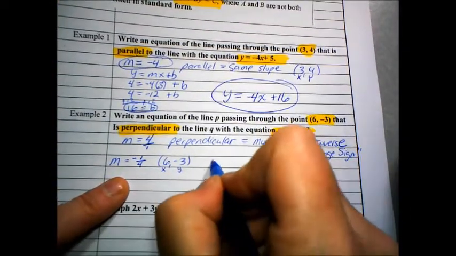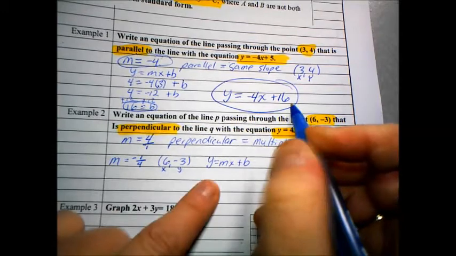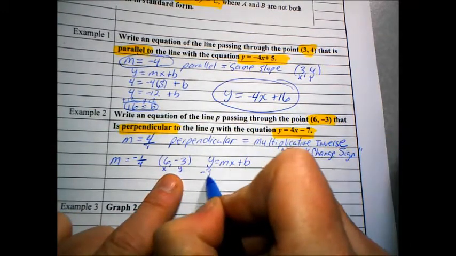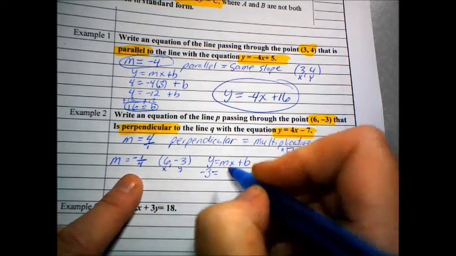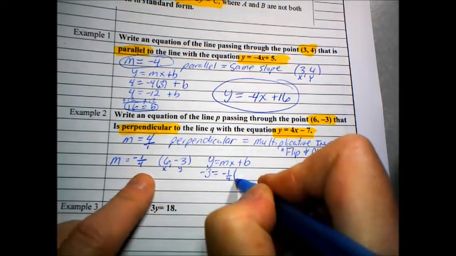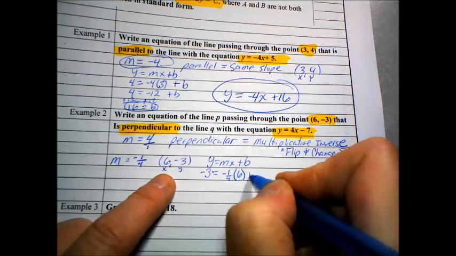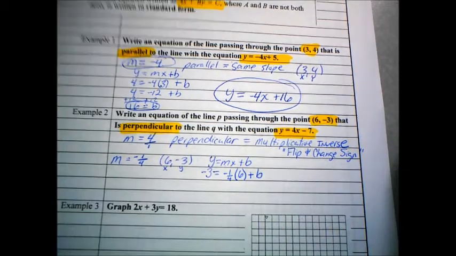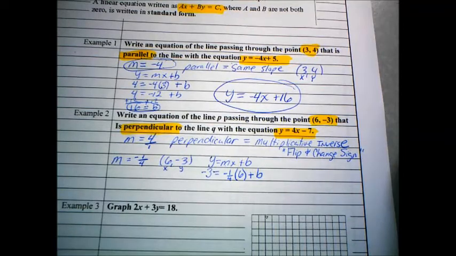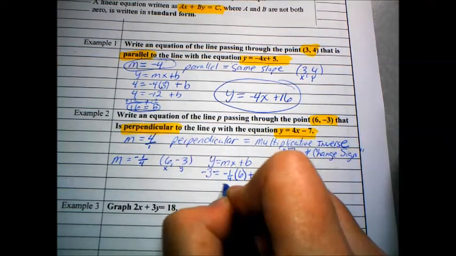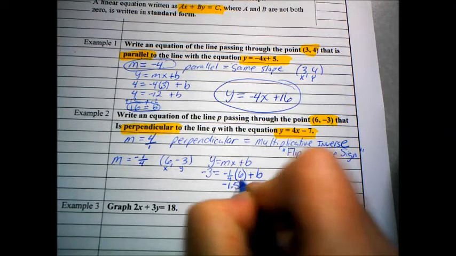So I'm going to do y equals mx plus b. The y changes to a negative 3. The m is a negative 1/4. The x is a 6, and then plus the letter b. Okay, I'm going to see what 6 times a negative 1/4 is in my calculator. It appears to be negative 1.5.